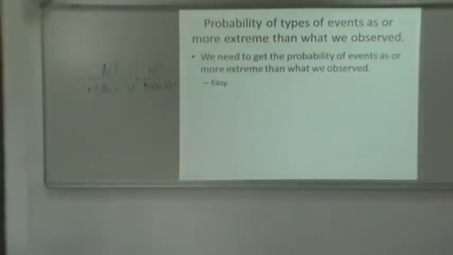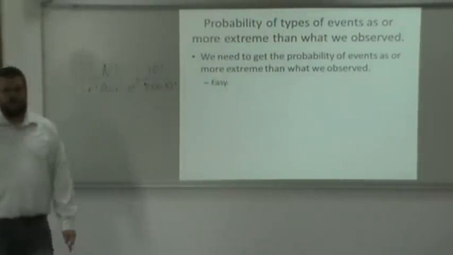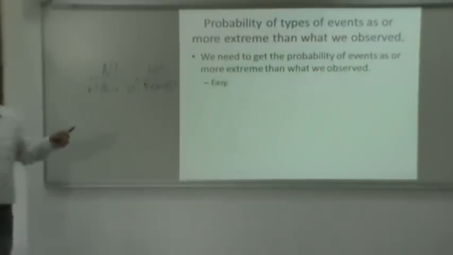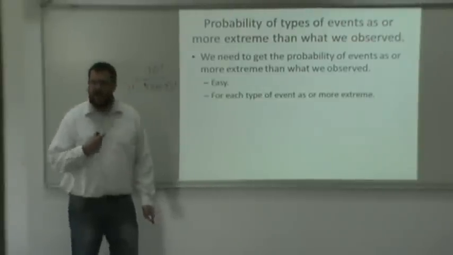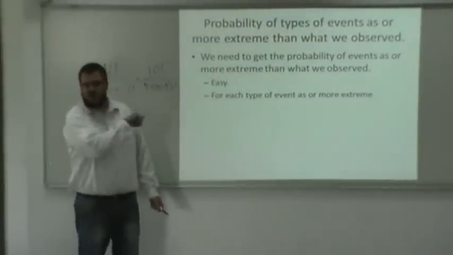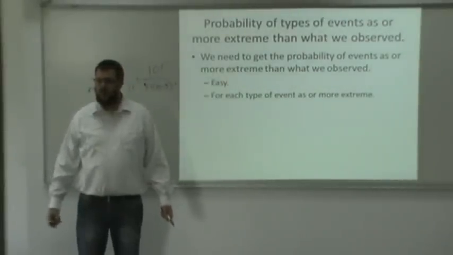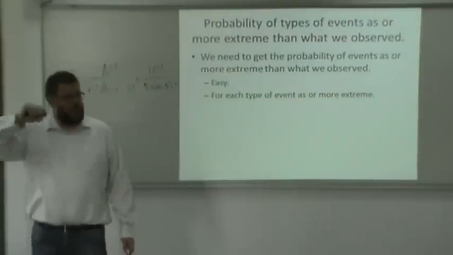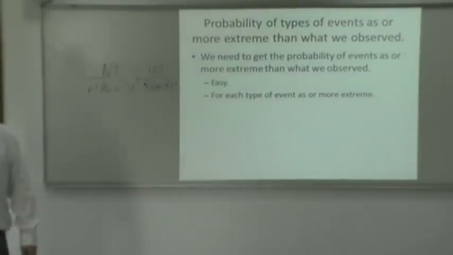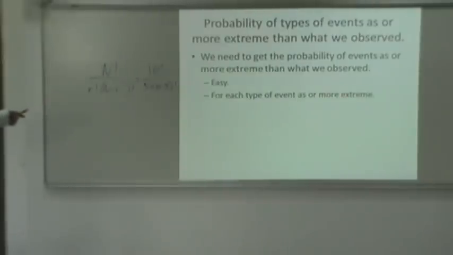So how are we going to do this? Well, we need to get the probability of events as or more extreme than what we observed. This is easy. We can calculate this very easily, right? For each type of event, as or more extreme, we just do what we did previously, right? Probability of heads raised to the number of heads, times the probability of tails raised to the number of tails, times the combination for that many heads in that many observations, right?